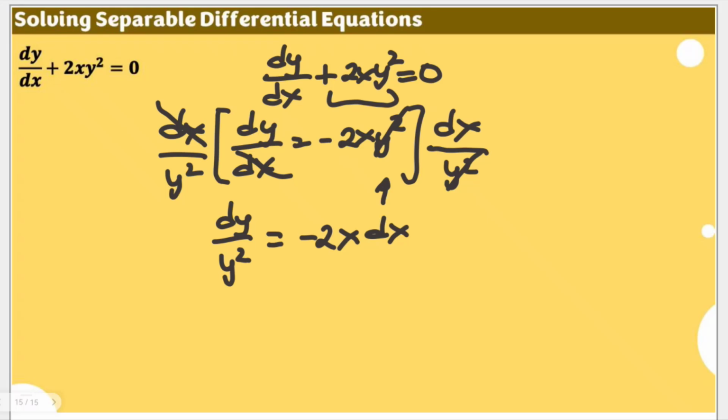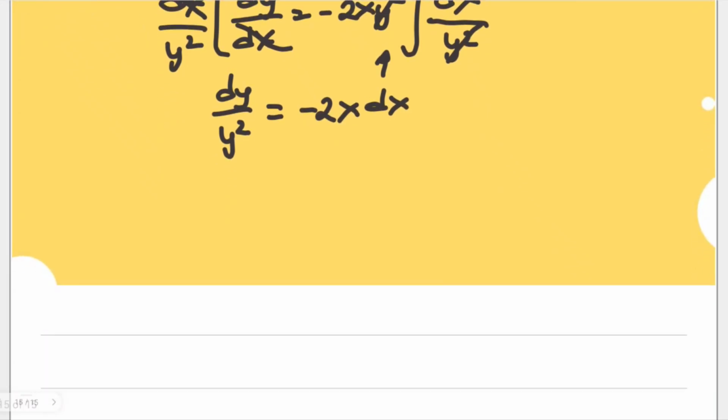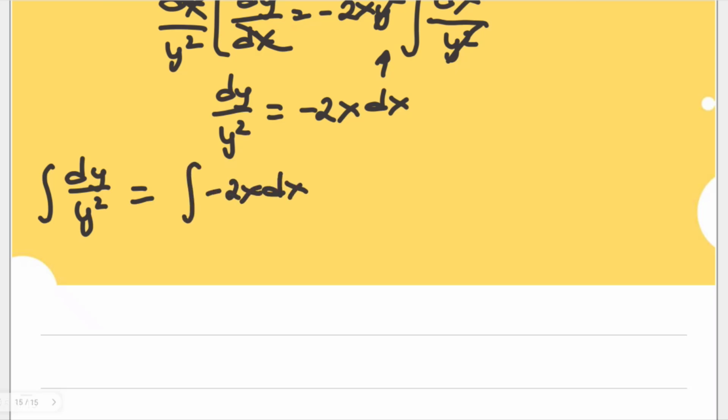To solve or to show the solution, we are going to integrate both sides. The integral of dy over y squared is equal to the integral of negative 2x dx. Next, we can rewrite this in this manner.